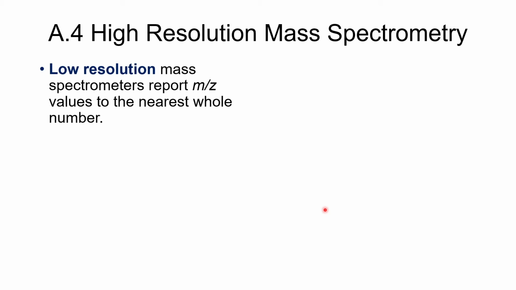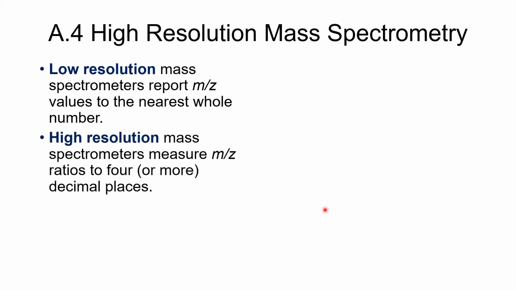So we can detect 80 and 81 and 82, but we couldn't get 81 and a half. Well, it turns out that there are mass spectrometers that can do what's called high resolution mass spectrometry, and it can get that m/z ratio out to more digits.